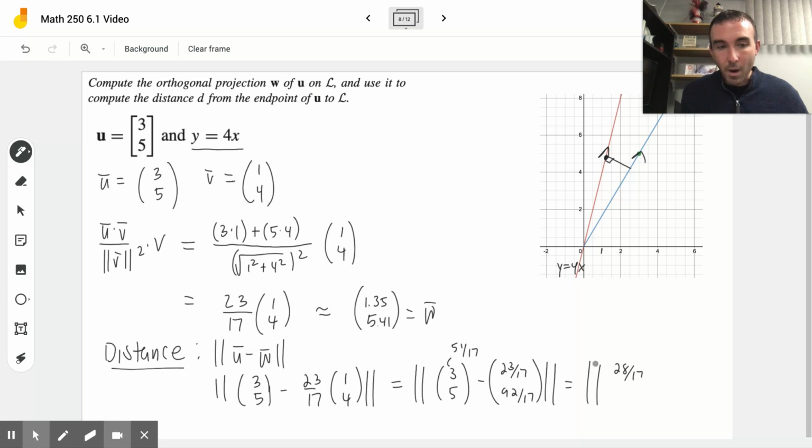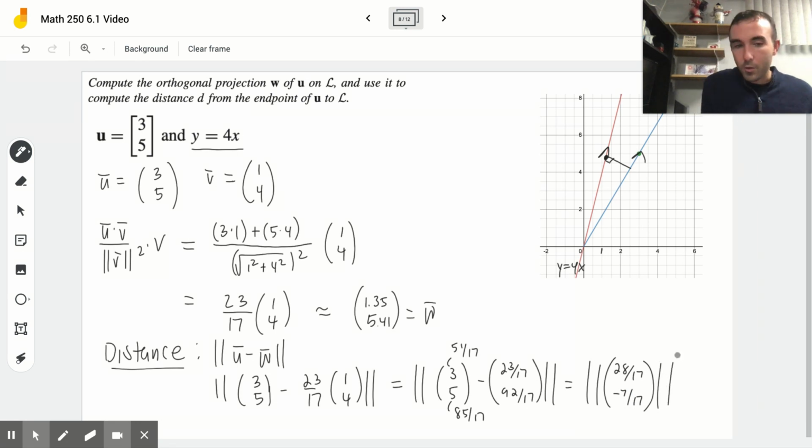And then on the bottom, we also need over 17, so this would be 85/17 minus 92/17. That's -7/17. So that's what our difference turns out to be.